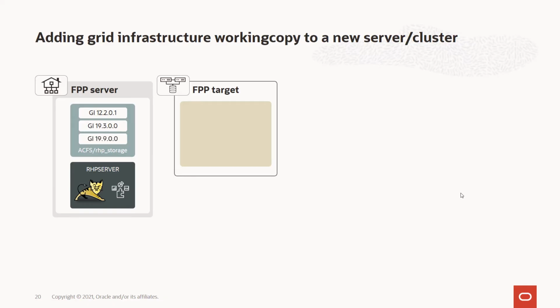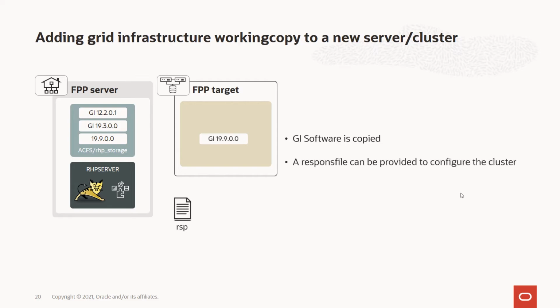But we might have a new server that we want to deploy with grid infrastructure, for example, new clusters or new Oracle Restart deployments. In this case, the FPP server does not know the target as an FPP client yet, and what we have to do is first install the gold image and then provide the response file for the FPP server and specify this response file in the command line so that the FPP server can take care of installing and configuring the cluster.